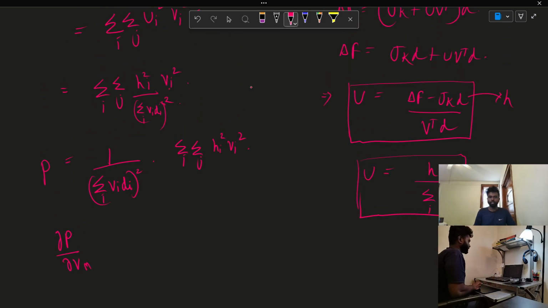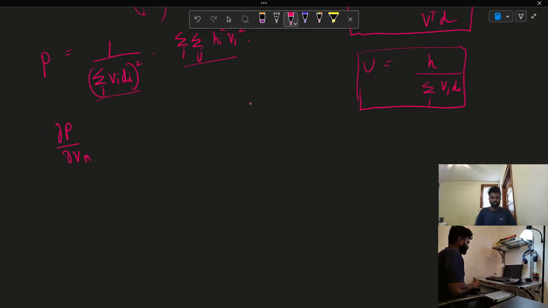Chain rule means we keep this as constant and take the derivative of this, plus keep this as constant and take the derivative of this. I'll write it over here and set it equal to 0. So let's keep summation over i of v_i d_i, whole squared, as constant first.